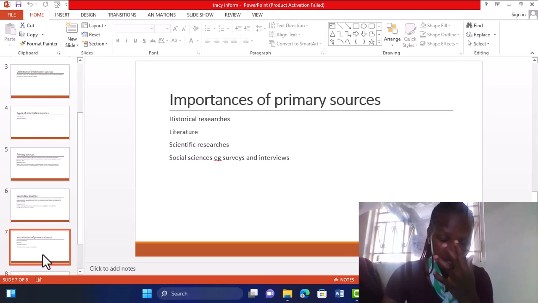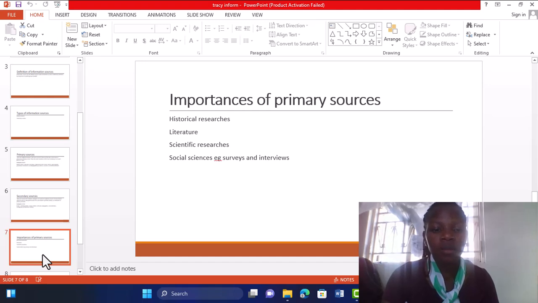The other importance is in literature. The novels we read are always supposed to be original materials to give us the exact information we need. In scientific research, the chemists, the biologists, those people who do research, always need first-hand information so that when it is portrayed to the world, it is original.